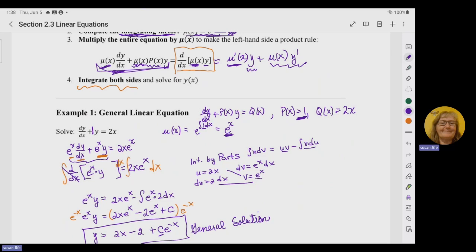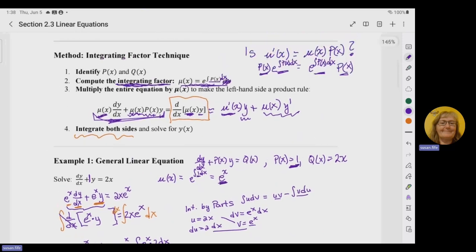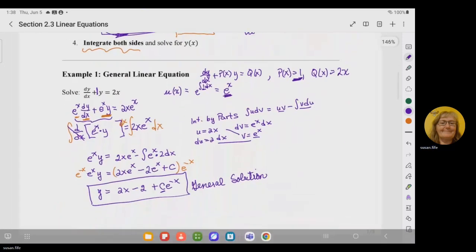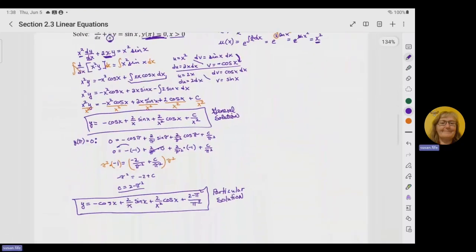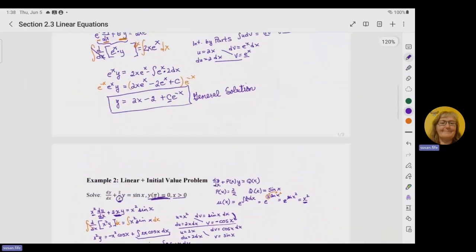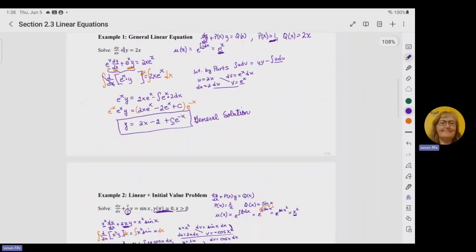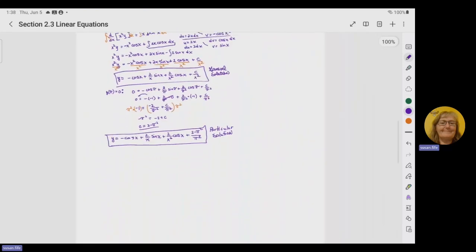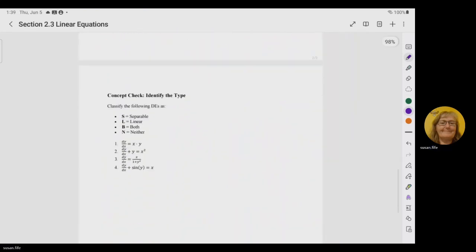You could expect to see questions on the test, such as what is the integrating factor that would be used to solve this equation, just like that.